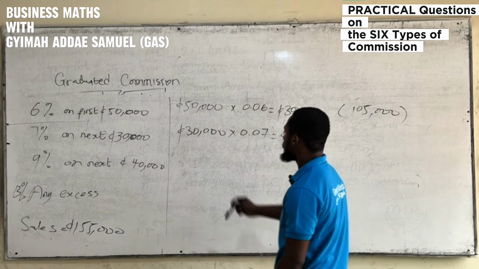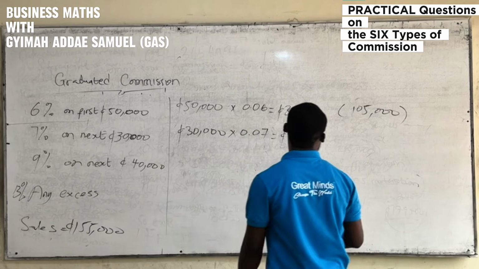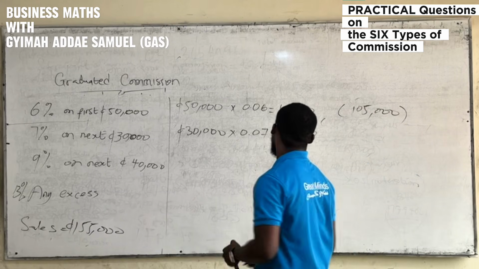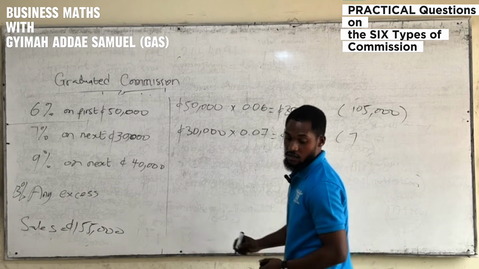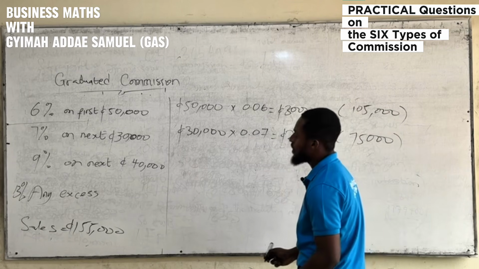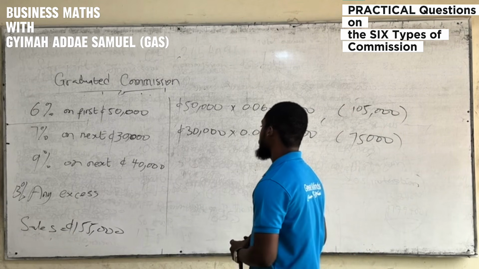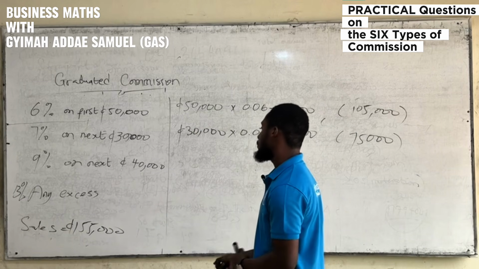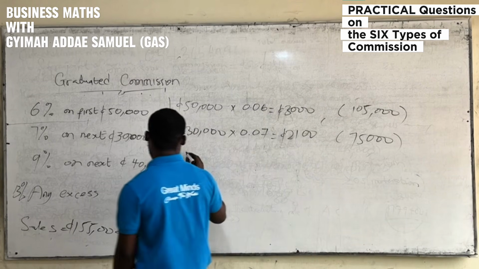So you'd have to subtract 30,000 from 105,000 to see if you are eligible. And when you do that, you are getting 75,000 Ghana cedis. And yes, 75,000 Ghana cedis exceeds 40,000 here, so you find its 9%.